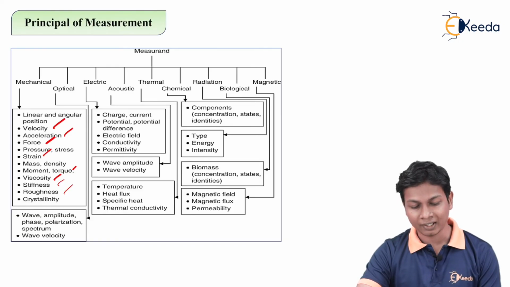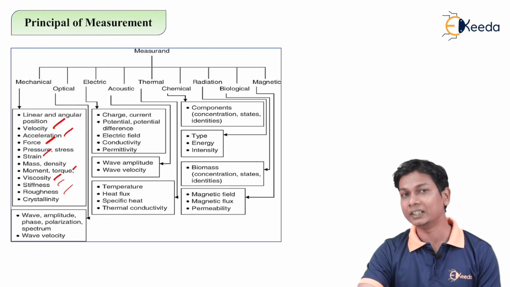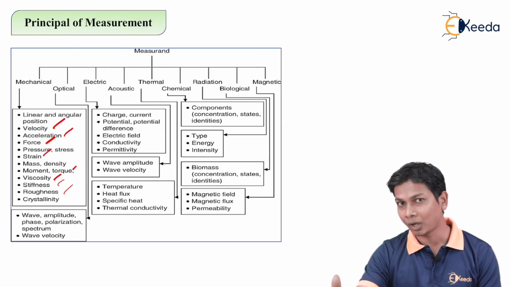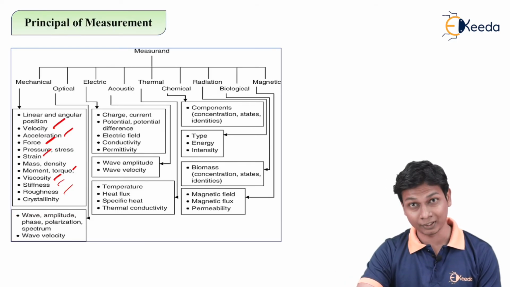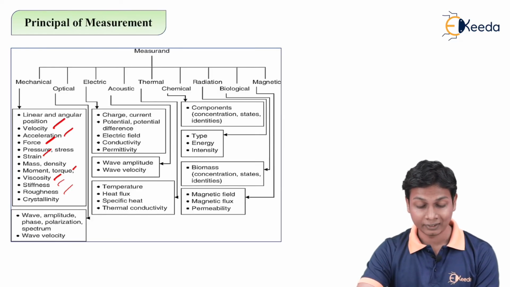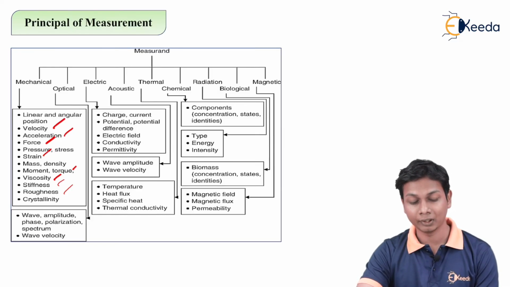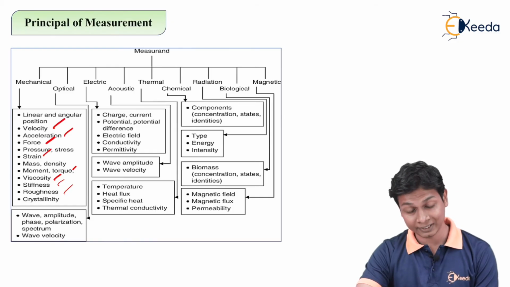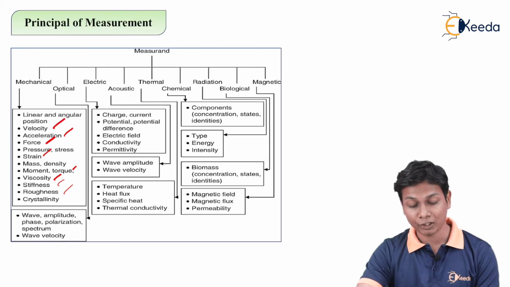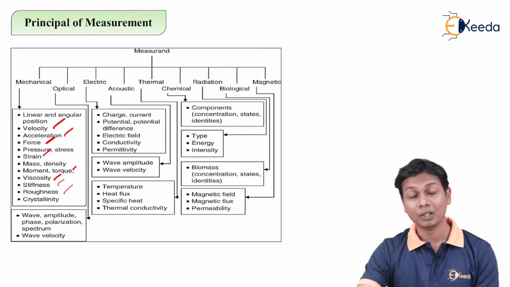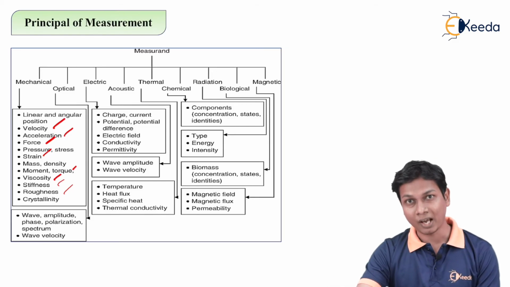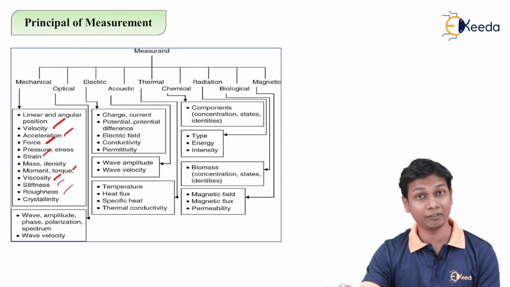In the same way, the electrical field also has some important parameters that have to be sensed by the sensor. That is charge, current, obviously the current sensor, and potential difference. So sensors also have the capability to sense the potential difference.